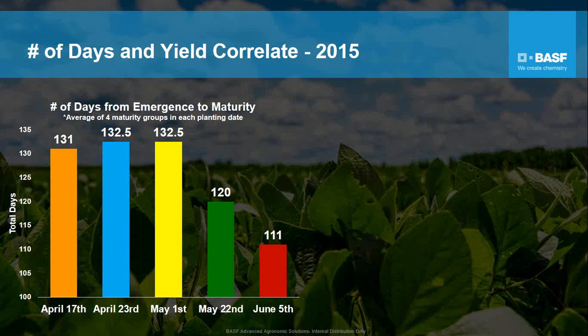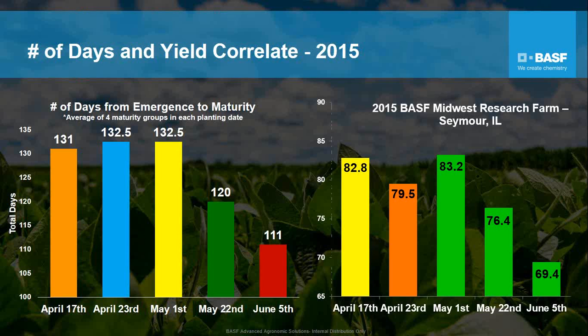We look at June 5th, we've now dropped an additional about 7 or 8%. We're down almost 18% versus our total days in April and early May. And so clearly in this case, we have the potential to be limited by just not having as much growing season to take advantage of in that particular later date.